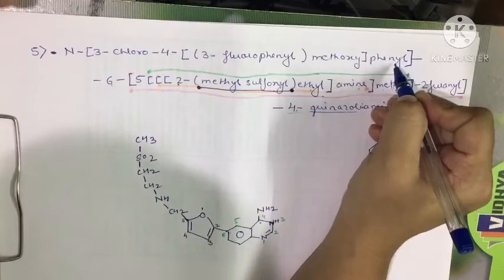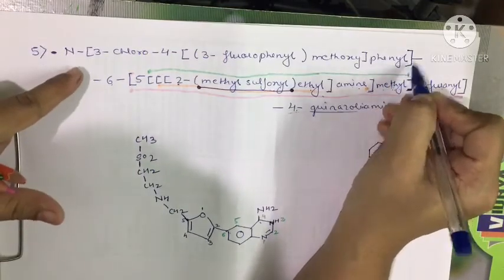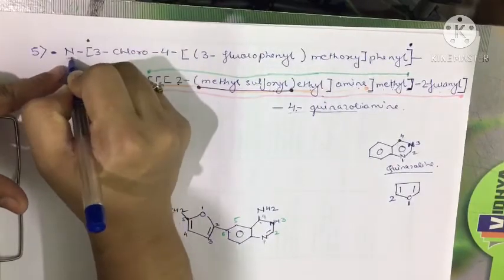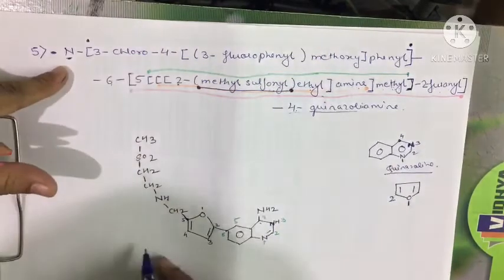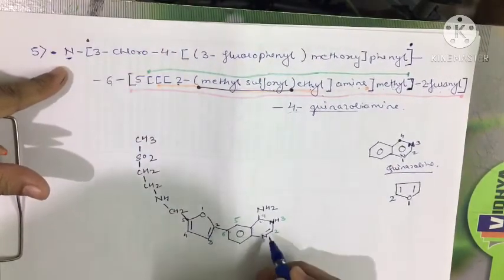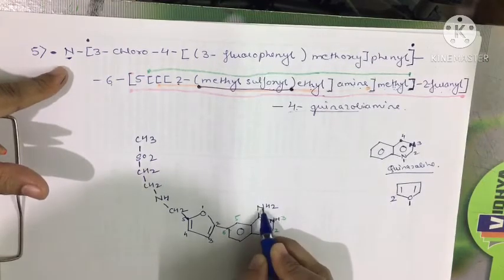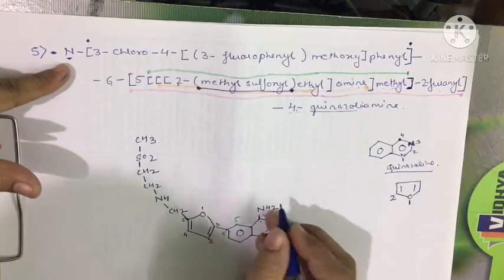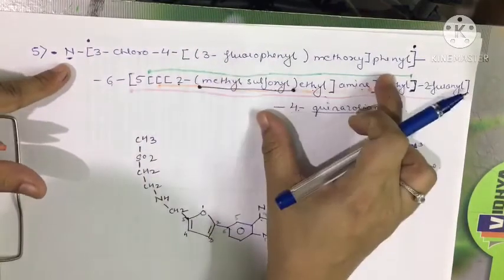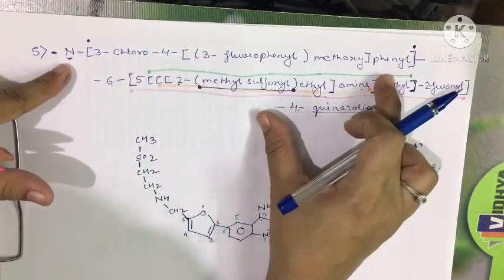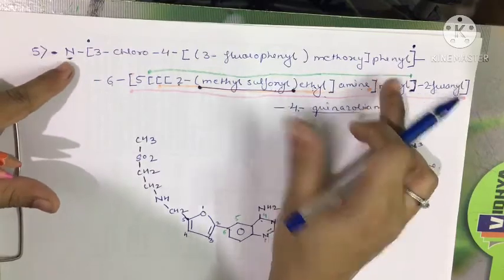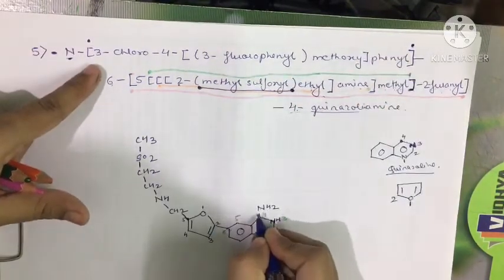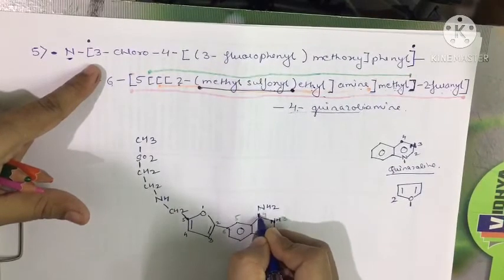The square bracket ends here and it starts from here, which is present at the nitrogen. Now we can see there are three nitrogens, 1, 2 and 3. But since there is nothing mentioned here of hydrogens, saturated nitrogens, this nitrogen is attached to the substituent which is present at 4th position.